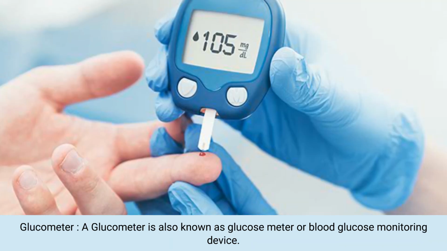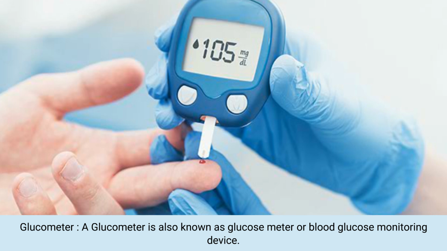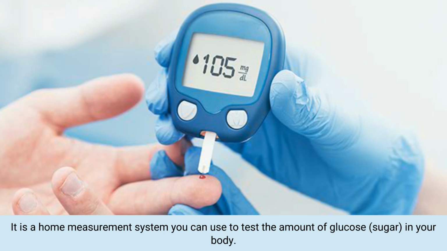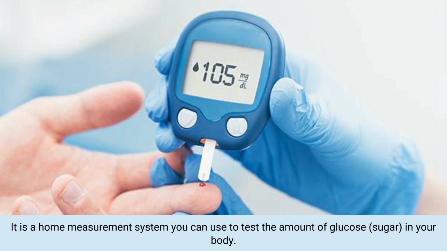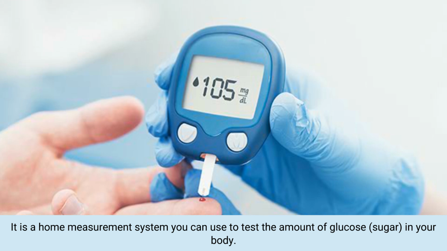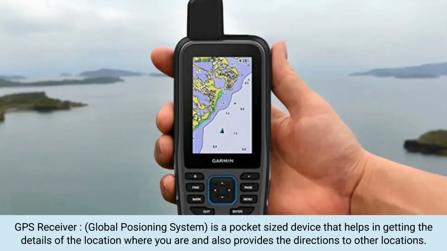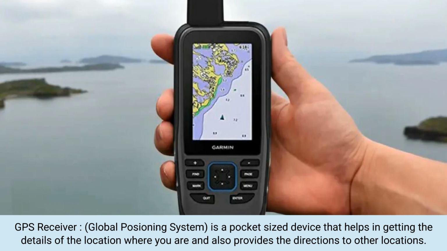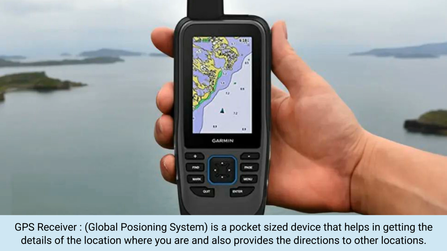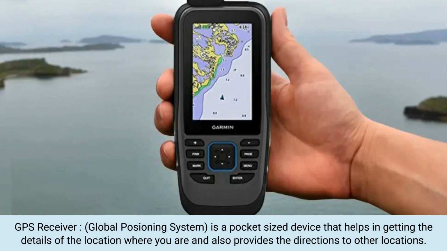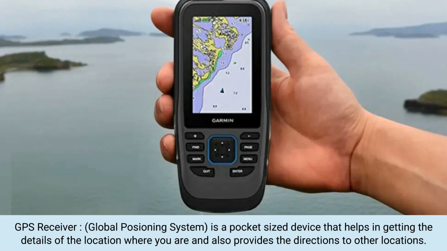Glucometer. A glucometer is also known as glucose meter or blood glucose monitoring device. It is a home measurement system you can use to test the amount of glucose, sugar in your body. GPS receiver. Global Positioning System is a pocket-sized device that helps in getting the details of the location where you are and also provides the directions to other locations.